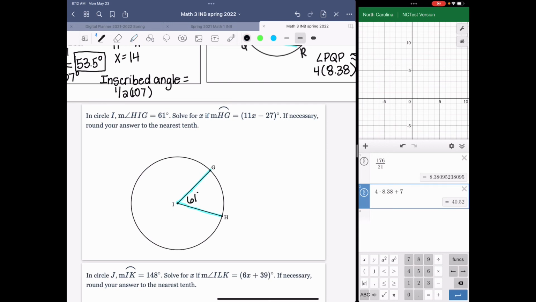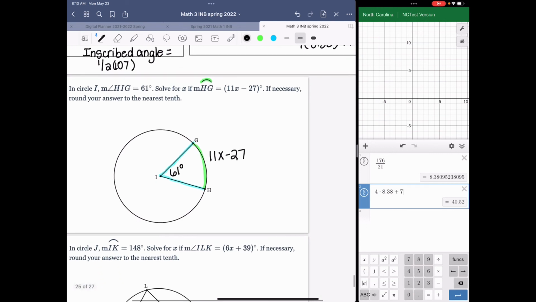I do recommend drawing your circles and actually labeling it. Sometimes that can make the difference in putting your items correctly. Now, it says the measure of arc GH, I know it's an arc because it's got a little arc symbol, is going to be 11x minus 27.